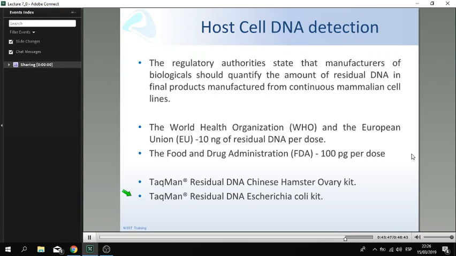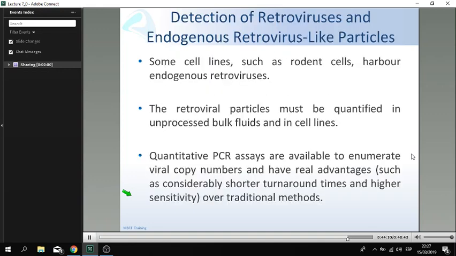FDA is saying that you can have 100 picograms per dose. You can use some of the kits available from different vendors, like the TaqMan residual DNA Chinese hamster ovary kit if you're using CHO cells, or the residual DNA E. coli kit, but mostly companies need to design their own kits.